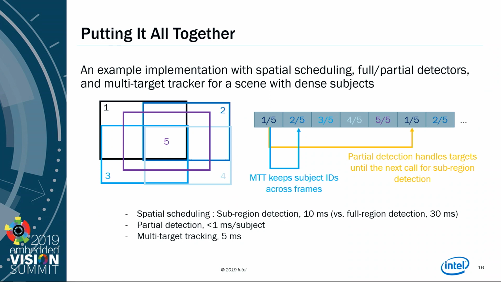So let's put it all together. This is an example implementation of the spatial scheduling, the full and partial detection, and the multi-target tracking for a scene with dense subjects. In between the subregions, the partial detection can handle the targets until the next call for the same subregion IDs, and the multi-target tracking keeps the subject ID across the frames.